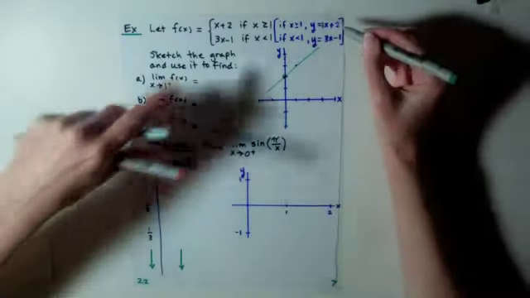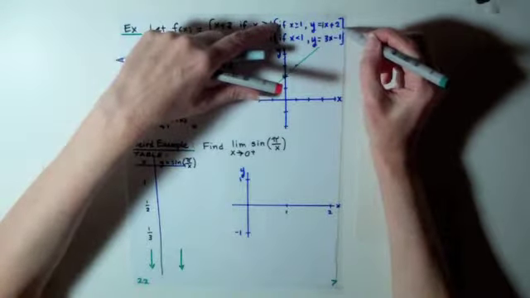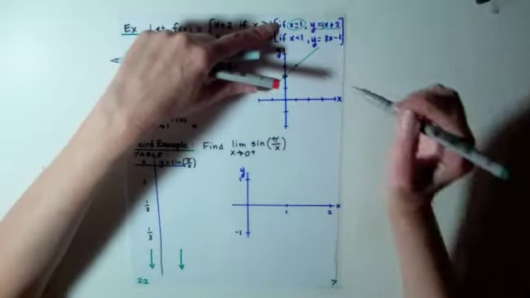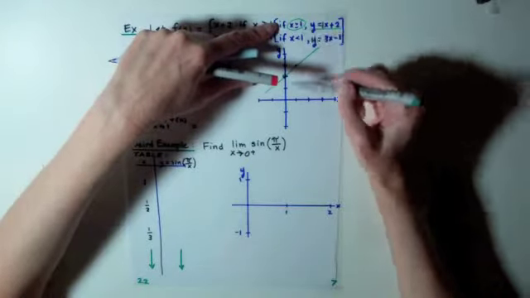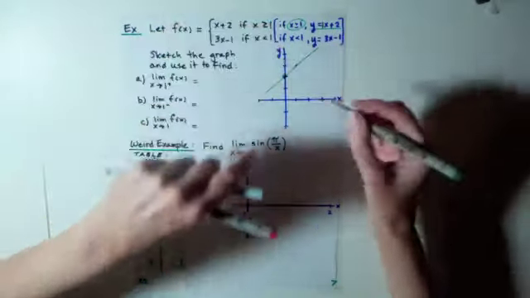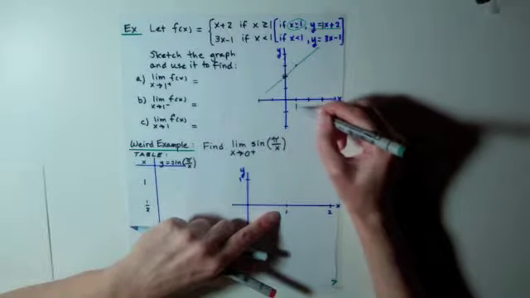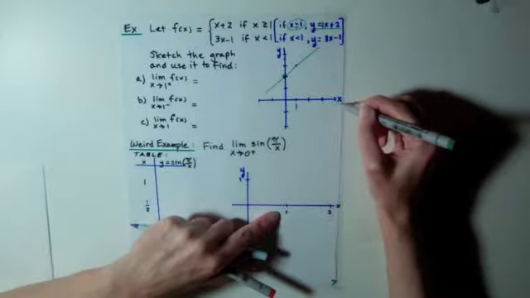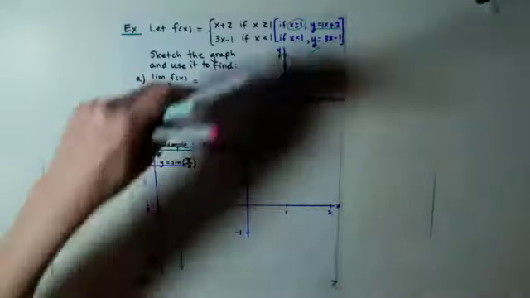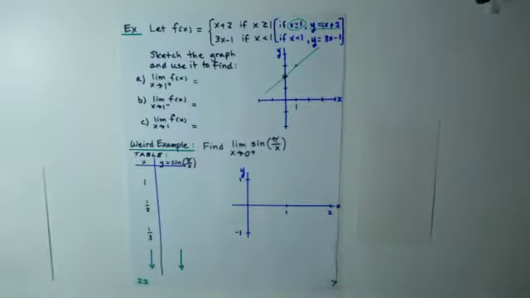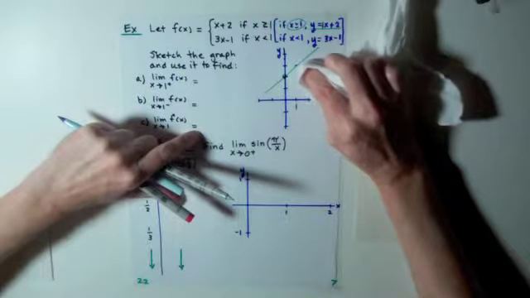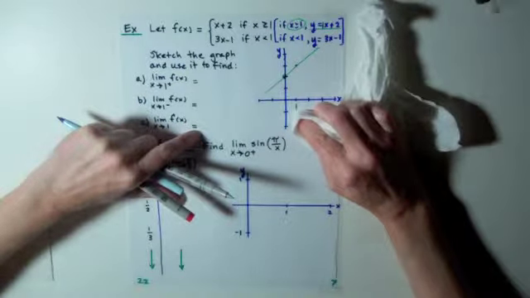Okay, well that's fine, except that we don't want to have this rule for all values of x. We only use this rule when our input x is something greater than or equal to 1. And so we only want the portion of this line that corresponds to input values that are greater than or equal to 1. So we're only going to look at points that correspond to inputs to the right of 1. That means that if I were just to graph this top line here, I would have to say I only want the portion of the line that corresponds to points to the right of this input value of 1.